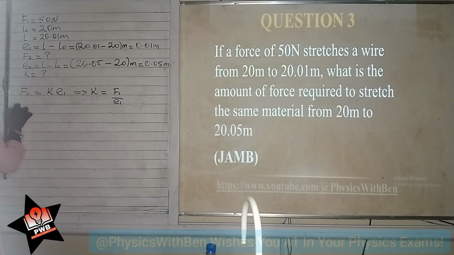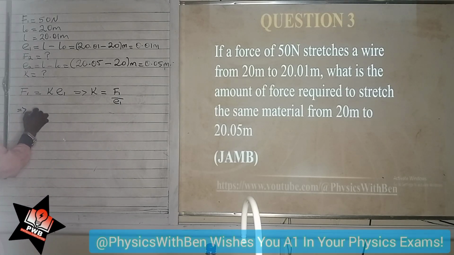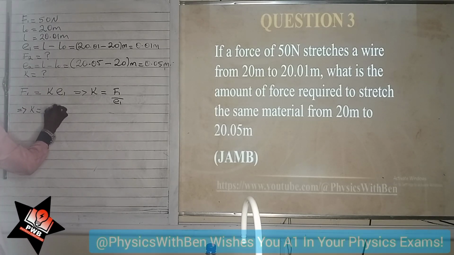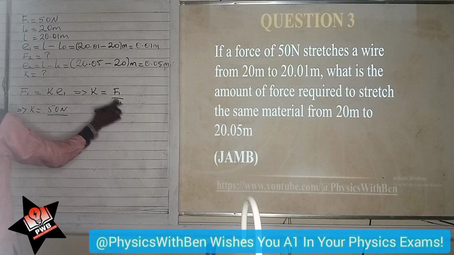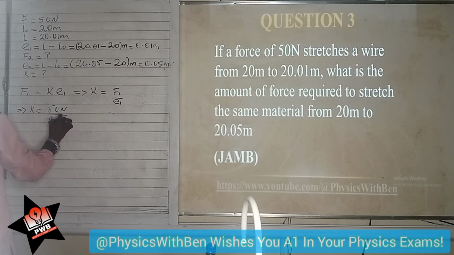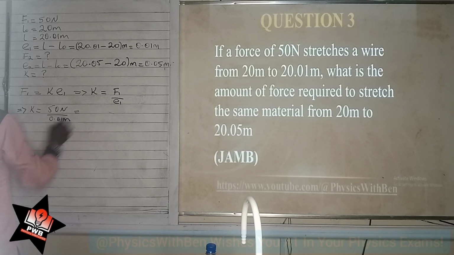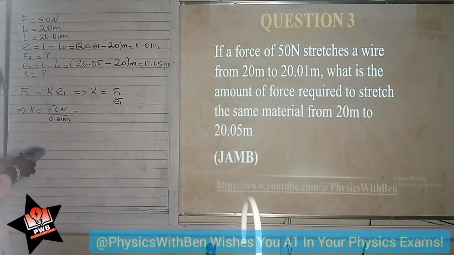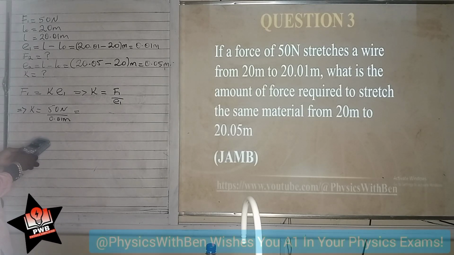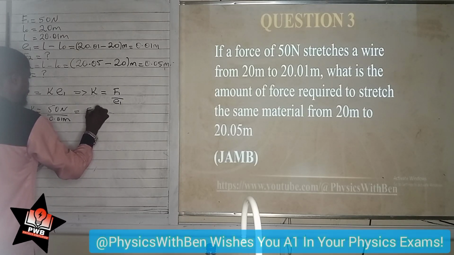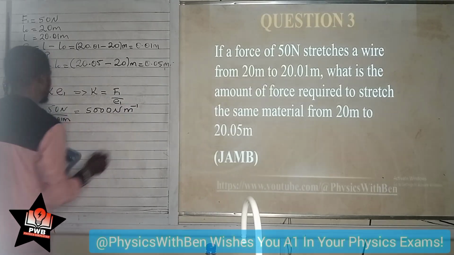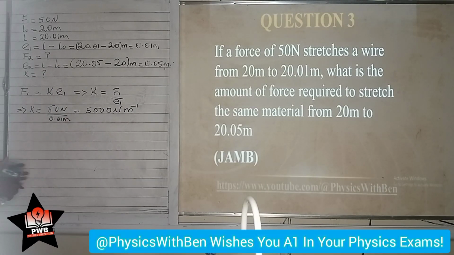We substitute: F1 is 50 Newton divided by E1, our E1 is 0.01 meters. If you evaluate that correctly, we have 50 Newton divided by 0.01, and that will give us 5,000 Newton per meter. That is the stiffness of the material.